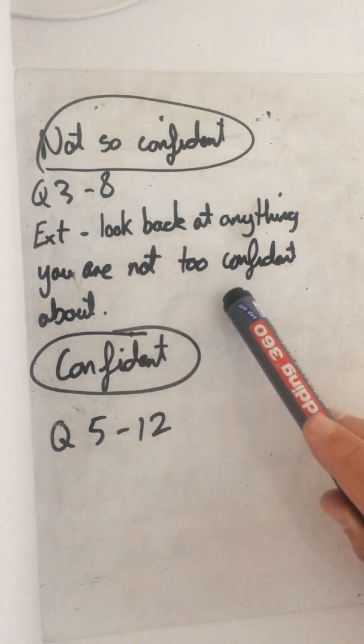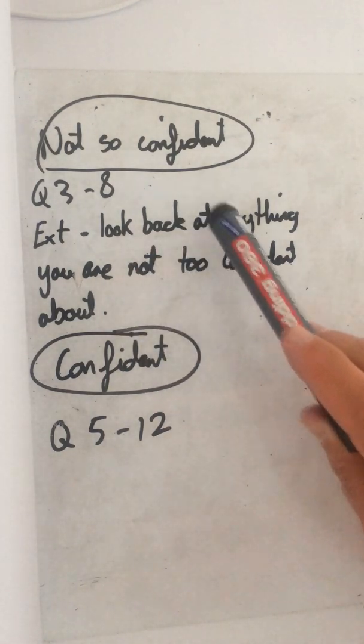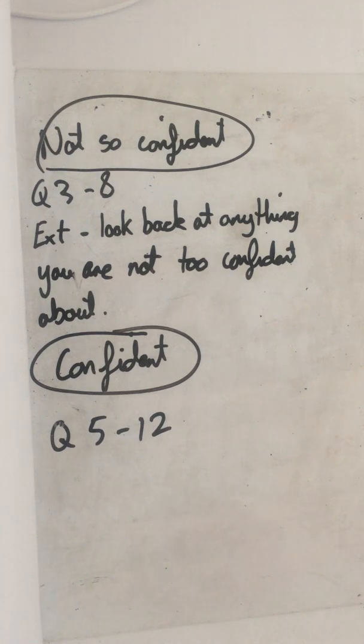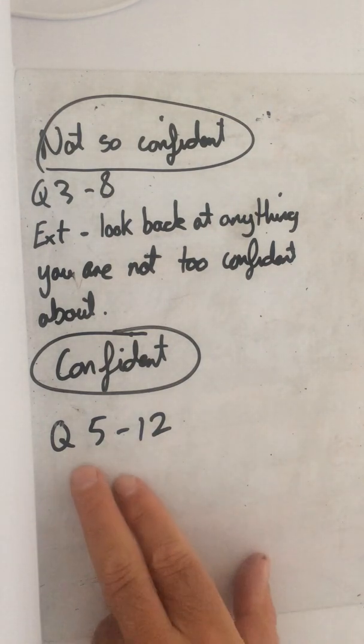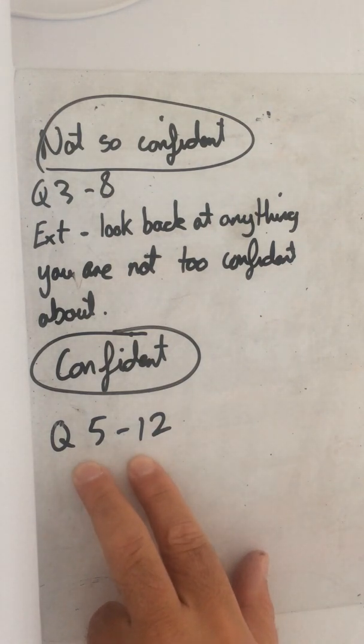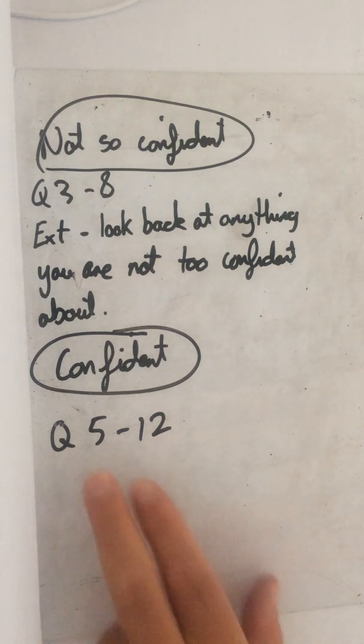If you're still struggling with these today, keep at it, and it will start making sense. If it's still not making sense, you do need to contact me and we'll do a bit of extra work. If you're confident, can you do questions 5 to 12, please?